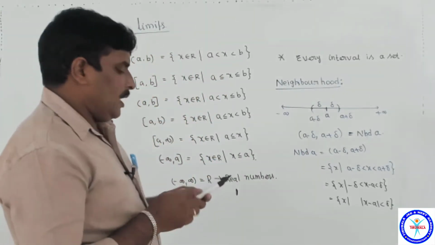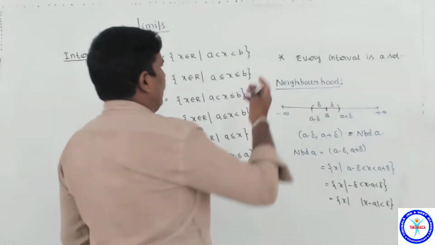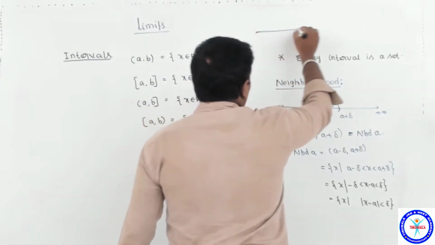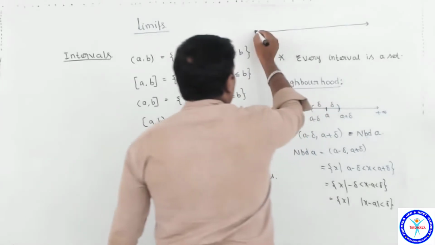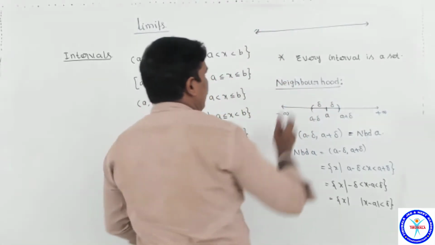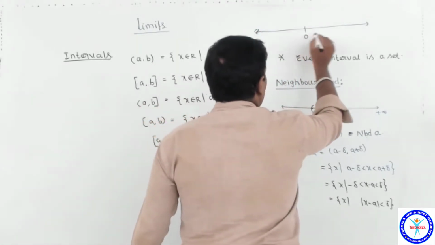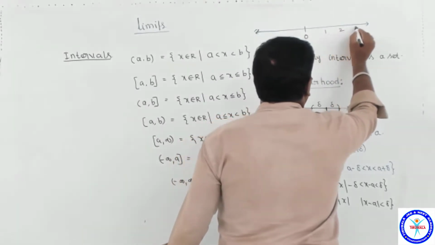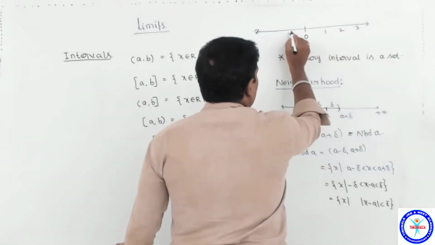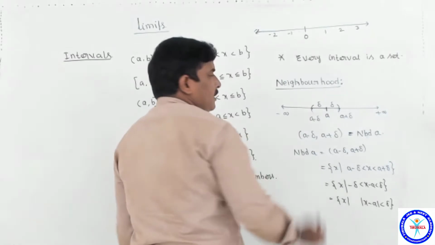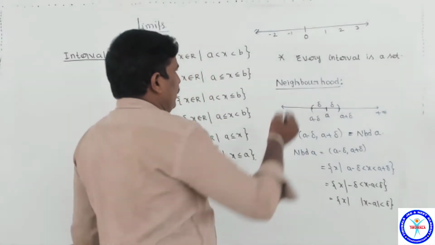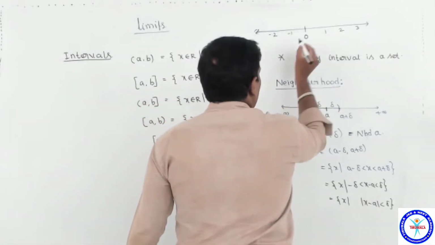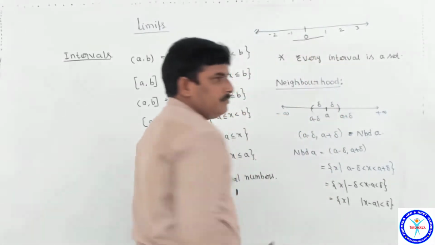And one more thing, neighborhood means, if you take a real line like this, this is the real line, and this is 0, 1, 2, 3, and minus 1 and minus 2 like this. So neighborhood of 0 always lies between minus 1 and 1.